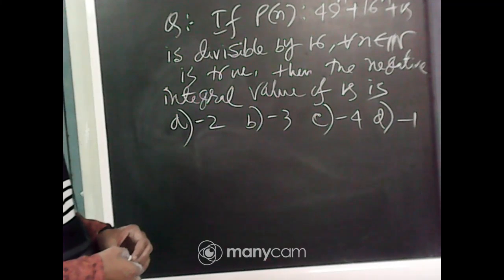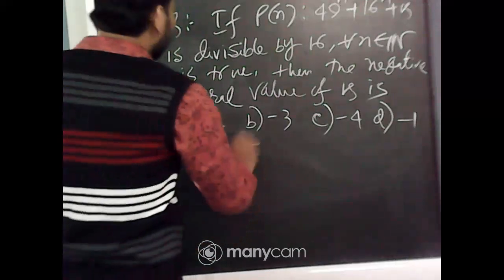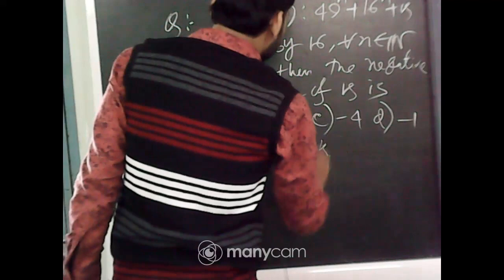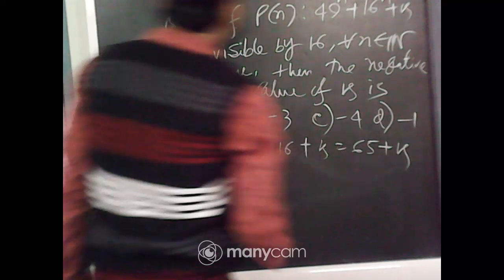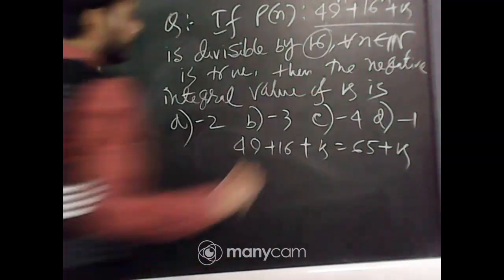It is divisible by 16 for all n. So you may put here n equals 1. That will give you 49 plus 16 plus k, that means 65 plus k. Now this expression is divisible by 16.